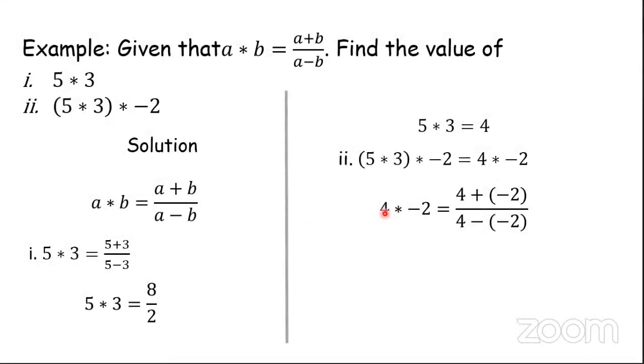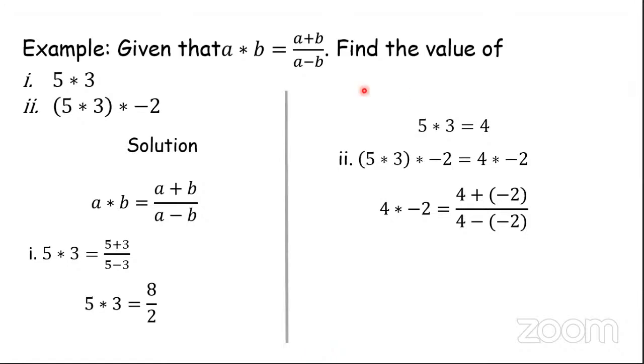So we had reached here on 4 star negative 2, and we were saying it is 4 plus negative 2 divided by 4 minus negative 2. So what is 4 plus negative 2? It's a 2.